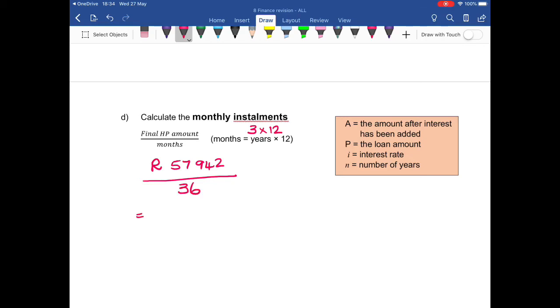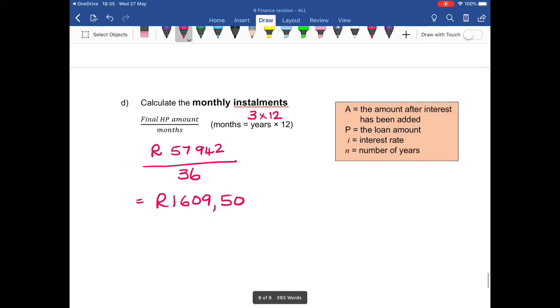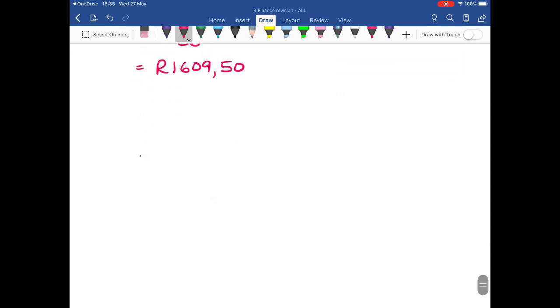And if I do that calculation, I am going to get 1,609.50.